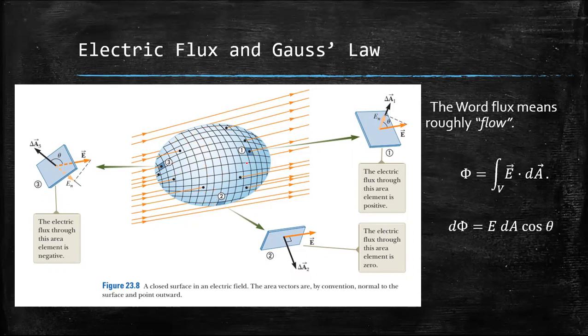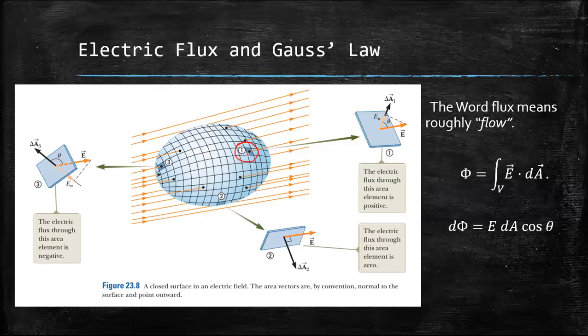Imagine that you have a curved surface right here, and we make a grid on it. Let's take this part one of the grid. Imagine it as a window of a closed submarine.